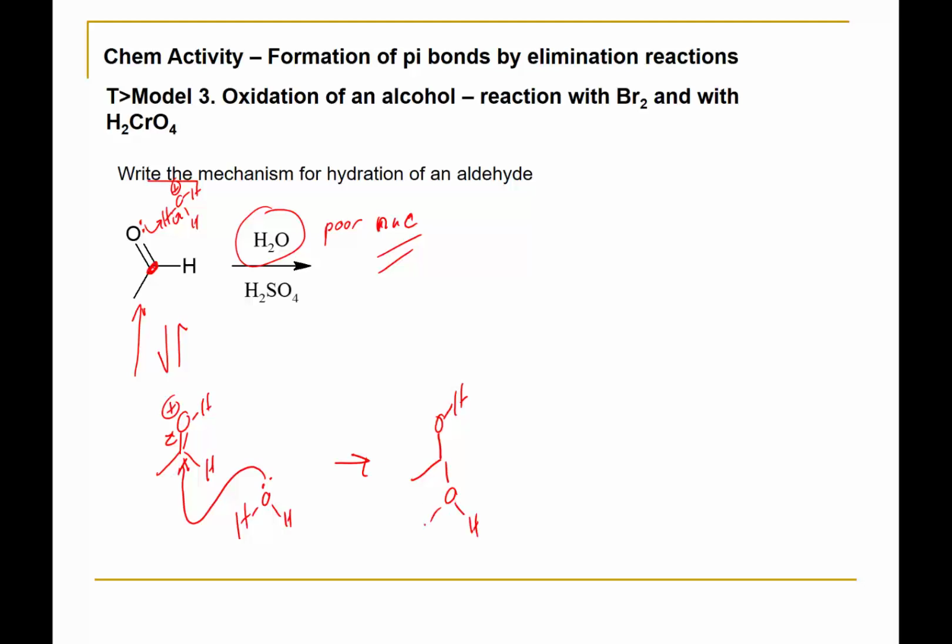So it will form, in a sense, another alcohol group, a protonated alcohol group, and we still have a hydrogen. Now we have water not acting as a nucleophile, but rather acting as a base, picking up that proton. And as such, we'll now have our hydrate. And this is a hydrate with an available, or removable, hydrogen. And so once again, that will allow for further oxidation.